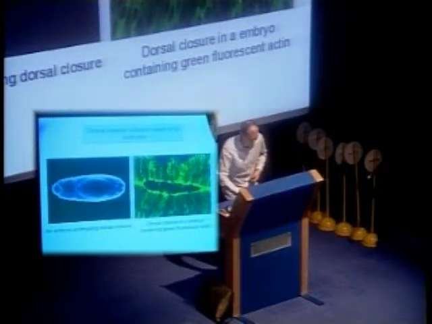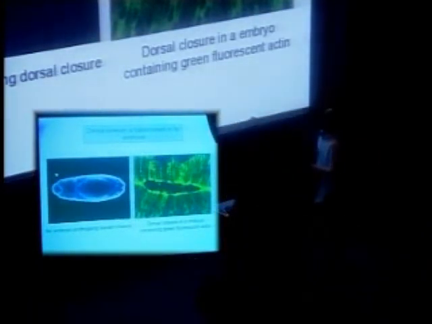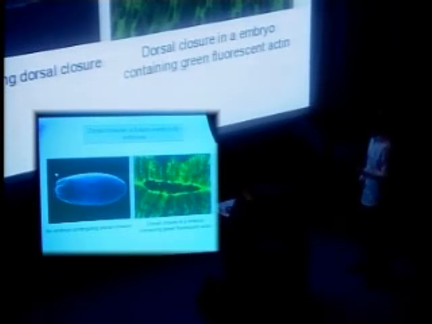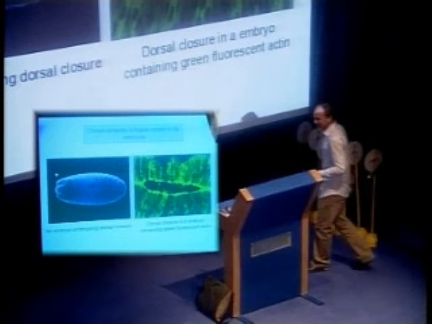I'll just play this movie, and you can watch this happening. Okay, so we see the skin moving over the embryo and fusing when it comes together in the middle. And once it's finished, we could never tell there was a gap there. It fuses perfectly.